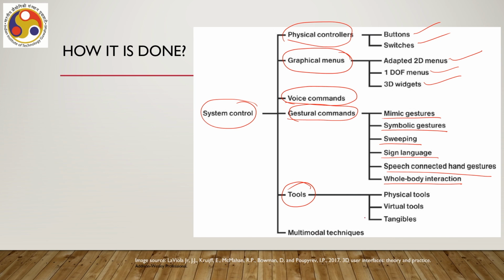We can also have tools such as physical tools, virtual tools, tangible interfaces, and we can combine multiple techniques to have multimodal interaction techniques for system control, where we can combine, say, voice with gestures or other sorts of interactions. So, with that we can conclude this part of the lecture where we have covered navigation interaction and interaction for system control.